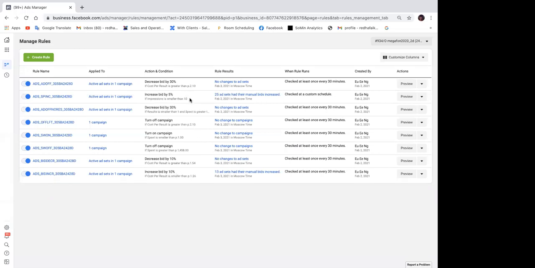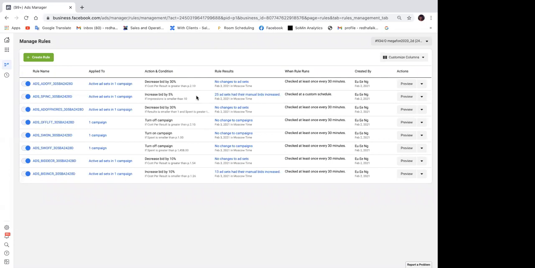So the rule was if impressions is smaller than 10, that means this 25, oh, sorry. That means our impressions was lower than 10. So it increased bid cap for these 25 ad sets by 5%.